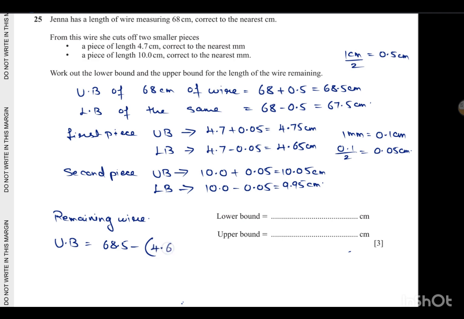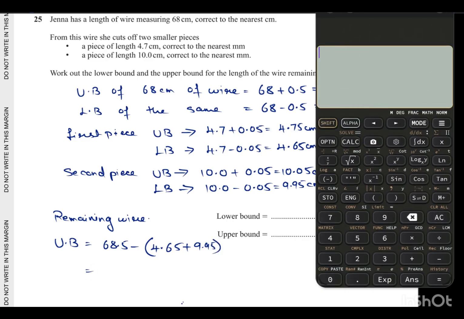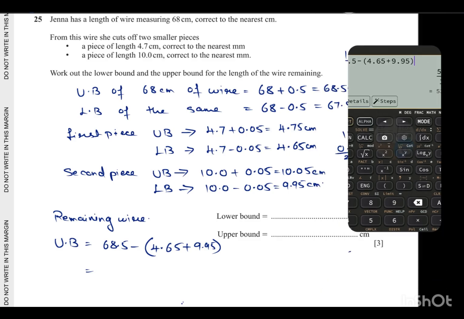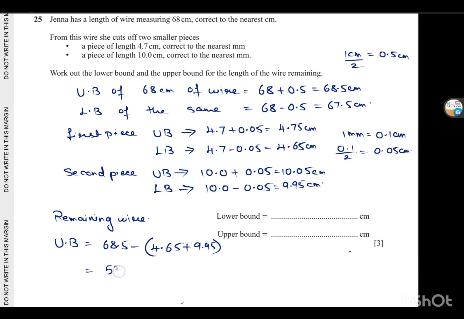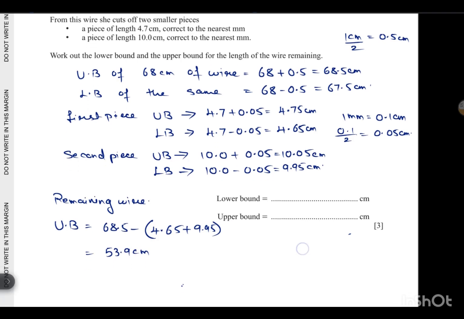You have to add them. 4.65 plus 9.95. Do this. 68.5 minus 14.6 is 53.9. 53.9 centimeter is the upper bound of what is remaining.